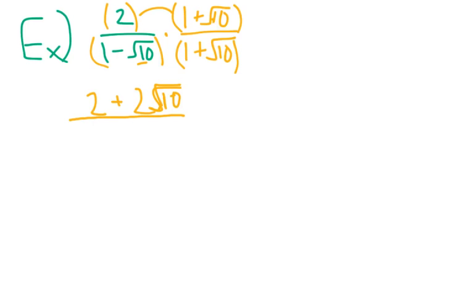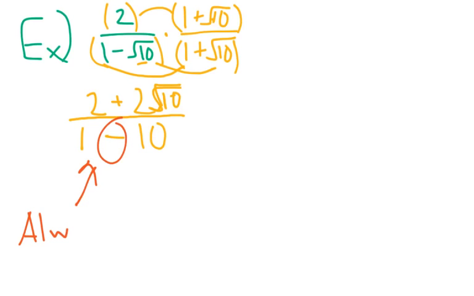Now the shortcut to this, if you don't want to FOIL and write it all out, is just to know that you need to multiply this together and this. And so it'll be 1 times 1, which is 1, minus 10. And the thing is, this sign is always going to be negative. Always negative.